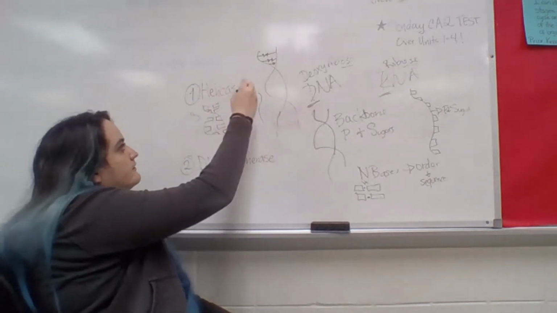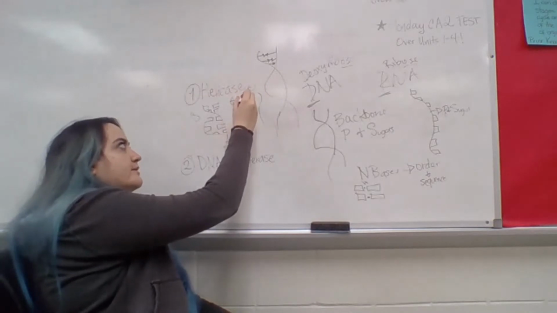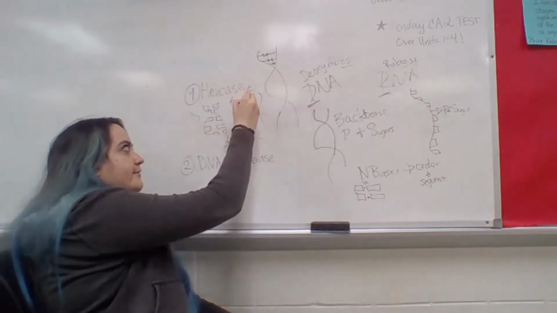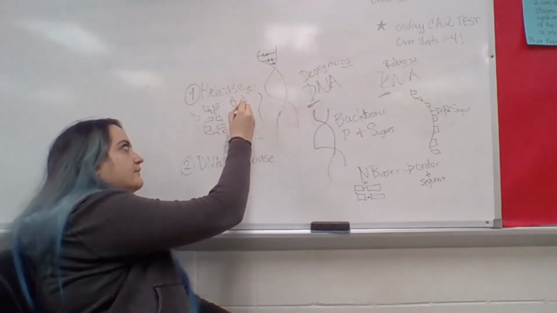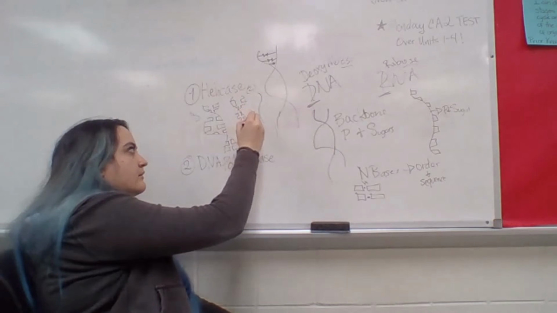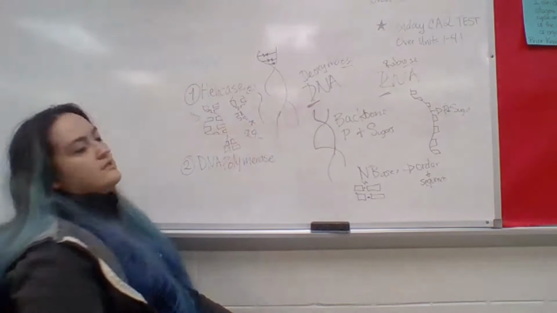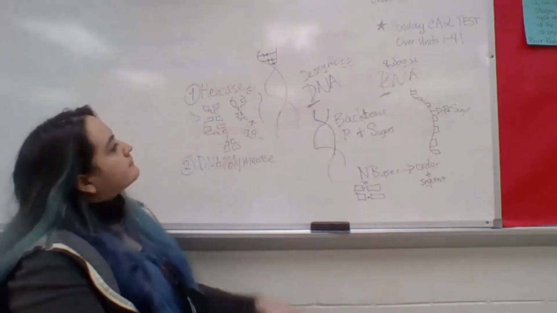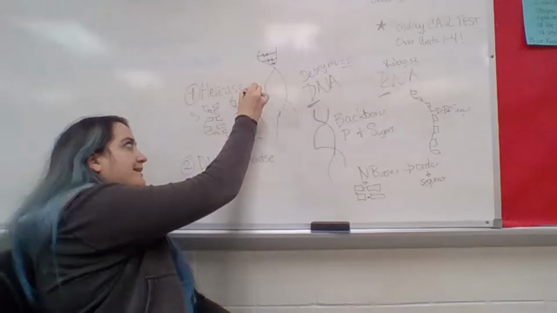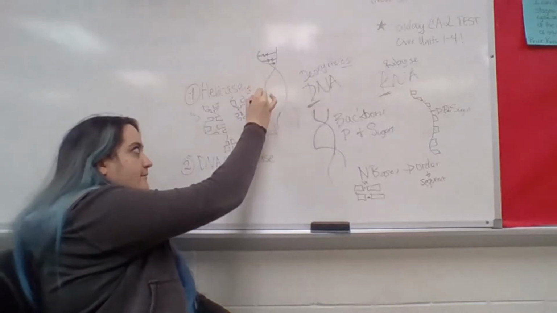In each of the strands, the DNA polymerase is going to match it up with the nucleotide it's supposed to have on the other side. All right, so it's just going to add the missing nucleotides that we took away, and it's going to be doing the same thing on both strands at the same time.